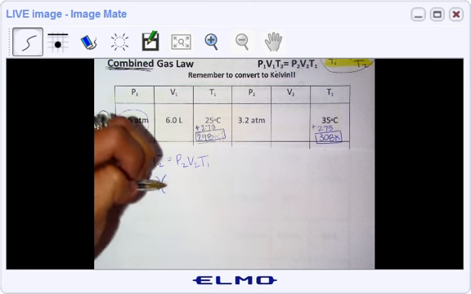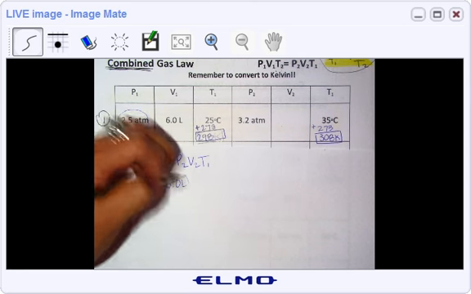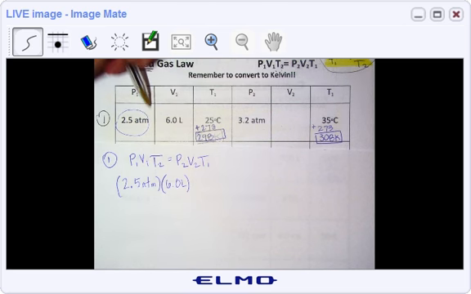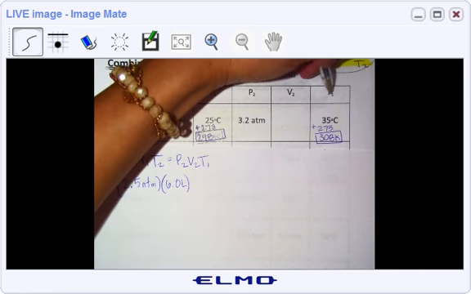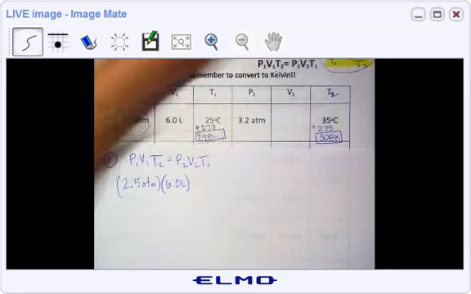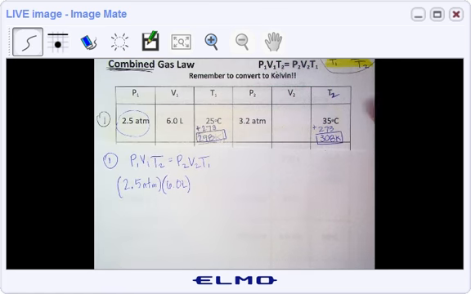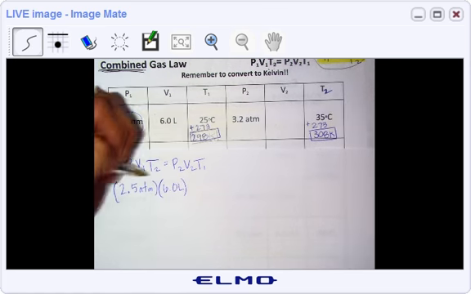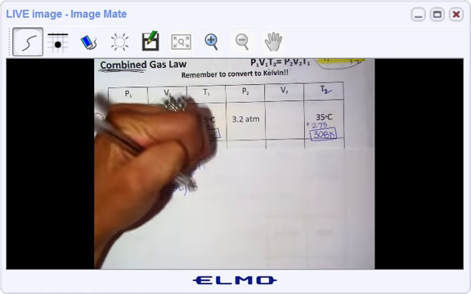V1. My T2 should be right here. On the very last column, change that to T2. My T2 is 308.